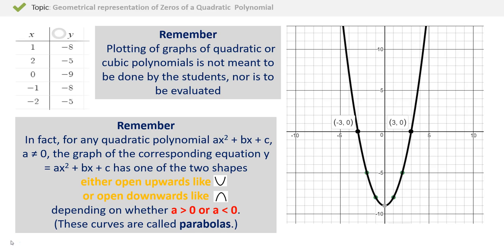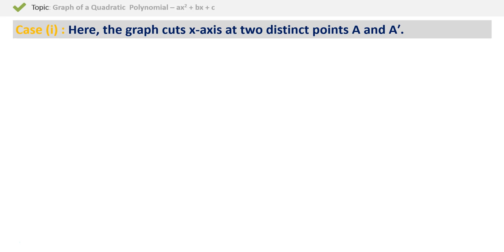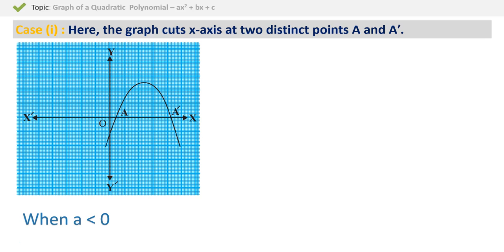Now if I go further, as I've been telling during the discussion, this is also known as a parabola. Now let's take an example of drawing the graph of ax square plus bx plus c. What can happen? Here the graph cuts the x-axis at 2 distinct points A and A dash.